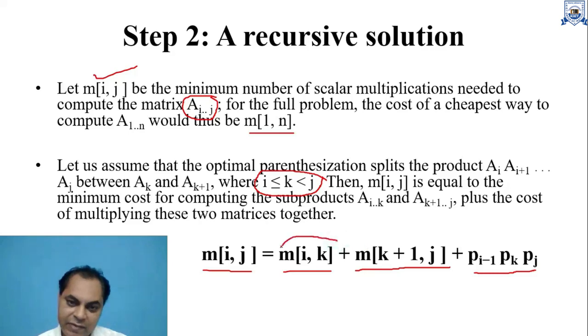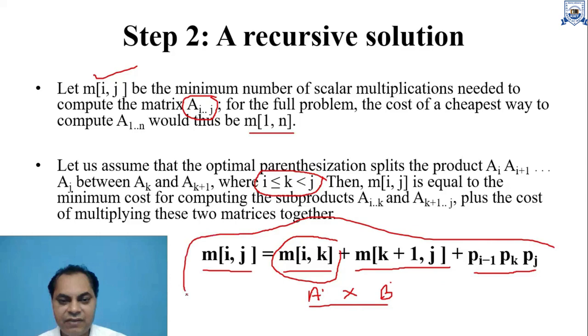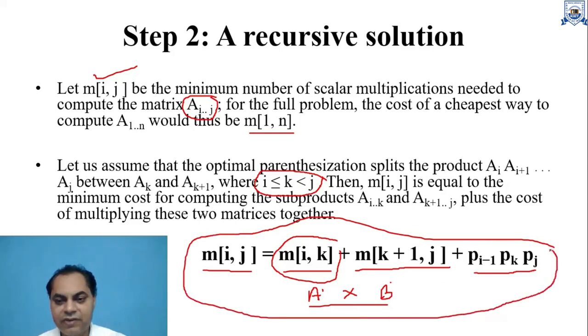That means when we multiply i to k, we get one matrix A', and when we multiply the second chain, let's say we get another matrix B'. Now to find the solution, we have to multiply these again, and the scalar multiplications required for matrices A' and B' are p(i-1) p(k) p(j). So with the help of this equation, we find how many scalar multiplications are required for the matrix multiplication i to j.